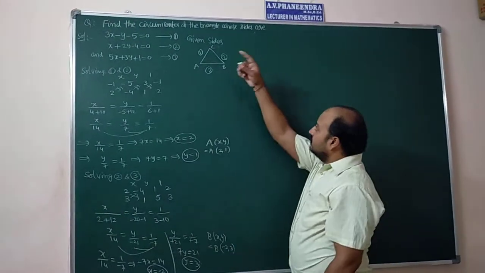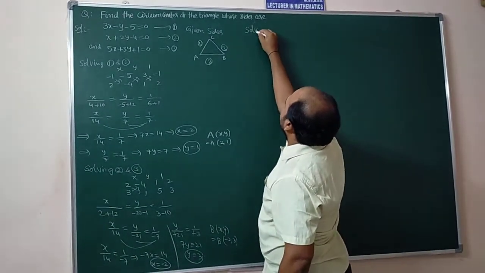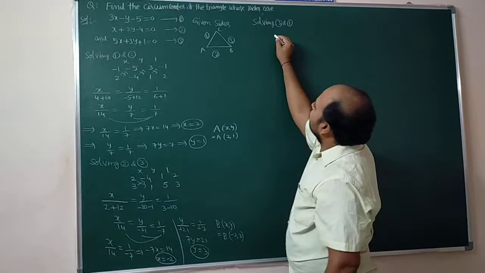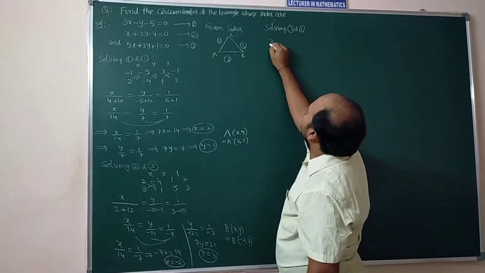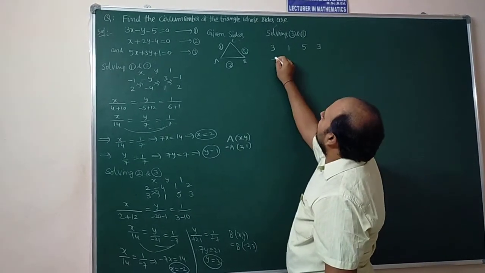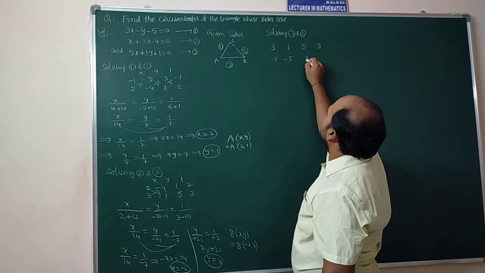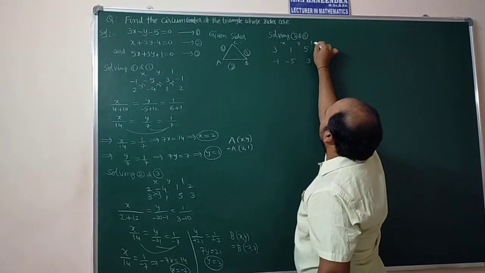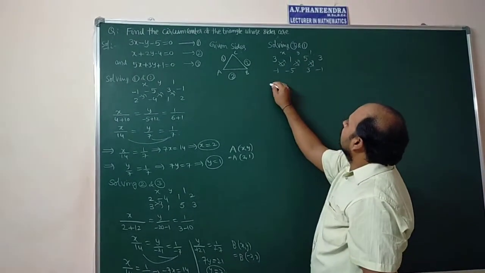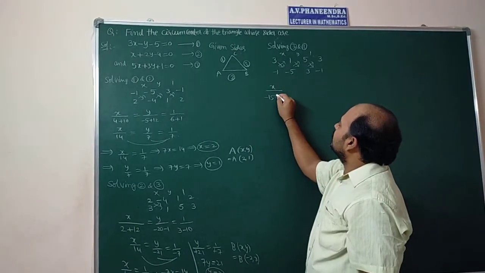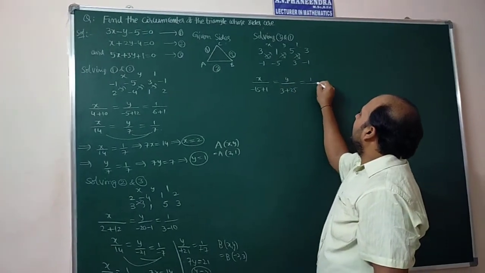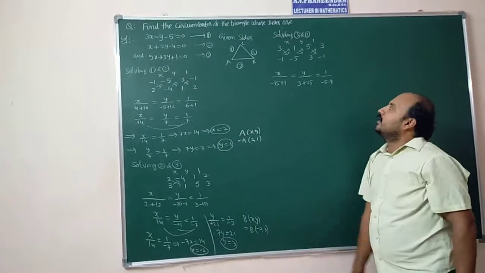And solving 3 and 1. Solving 3 and 1 means in the third equation, 3, 1, 5, 3 and again minus 1, minus 5, 3, minus 1; x, y, 1. x divided by minus 15 plus 1, y divided by 3 plus 25, 1 divided by minus 5 minus 9.